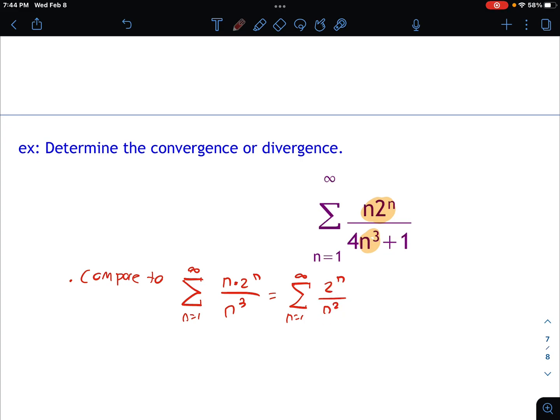So we're going to apply the nth term test to see what's going on. Okay? If we take the limit as n approaches infinity of 2 to the n over n squared, we know this is going to give us infinity over infinity, right? So we have to use L'Hopital's rule.